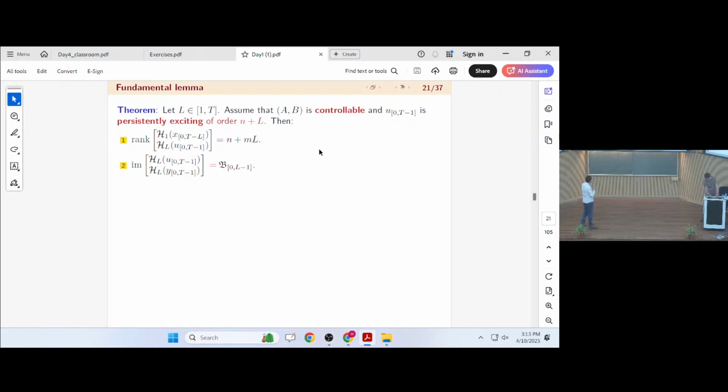So, to begin with, one needs to recall the definition of restricted behavior. So we have this system.